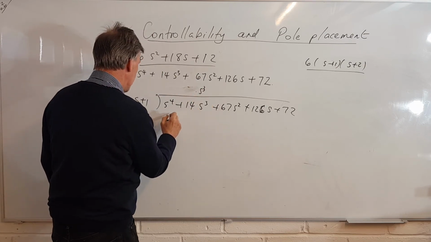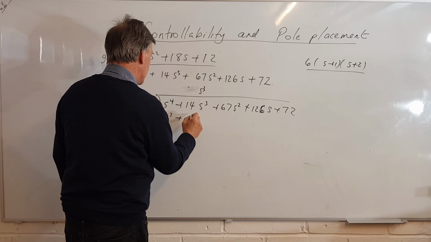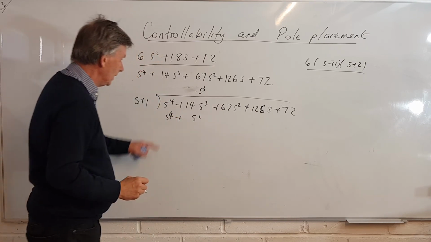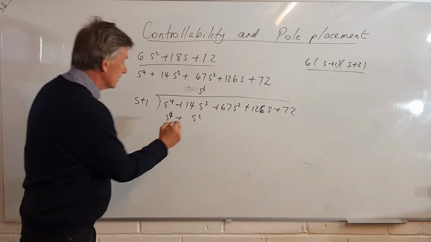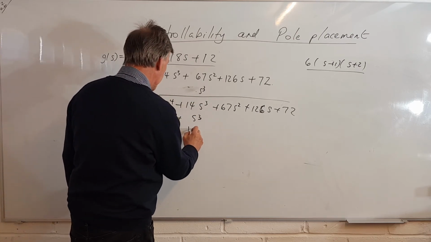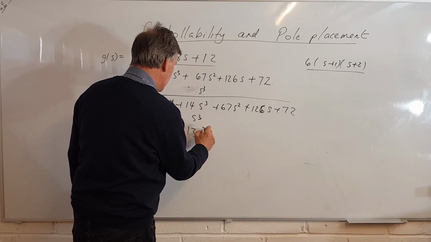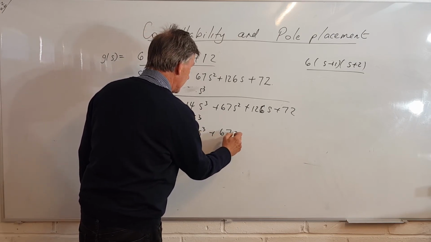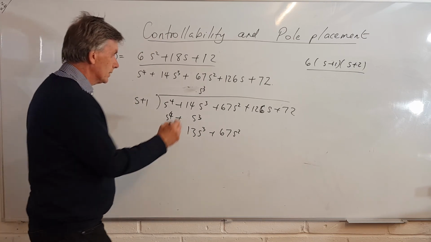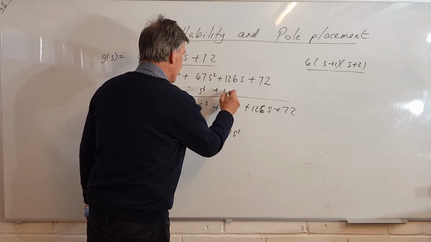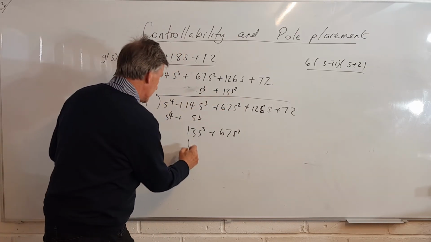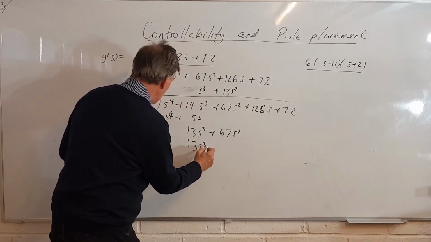S cubed, that's going to be s cubed plus s squared, so change the signs and add. So s to the 4 plus s cubed. When you subtract these, we end up with 13s cubed plus 67s squared. S into 13s squared goes plus 13s squared. So 13s squared times that gives us the 13s cubed.